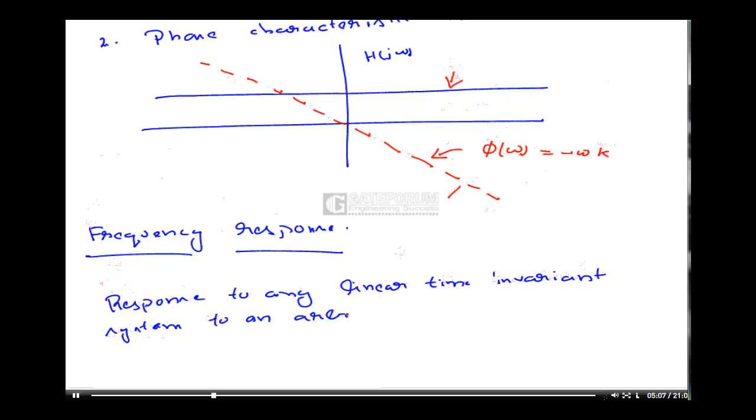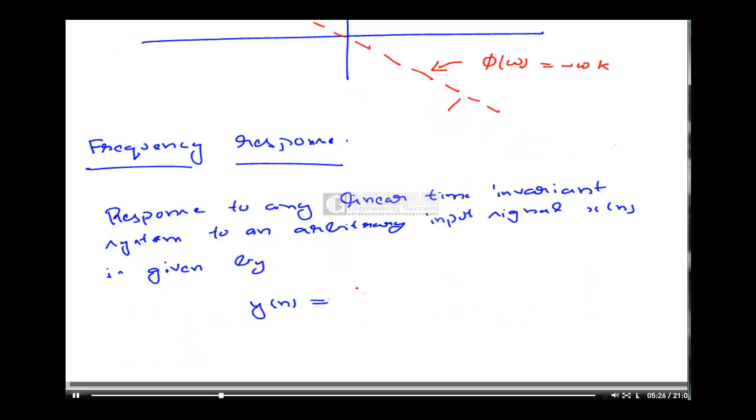The output to an arbitrary input signal x[n] is given by y[n] equal to summation, okay. Now let us give input x[n] equals A e to the power j omega n.